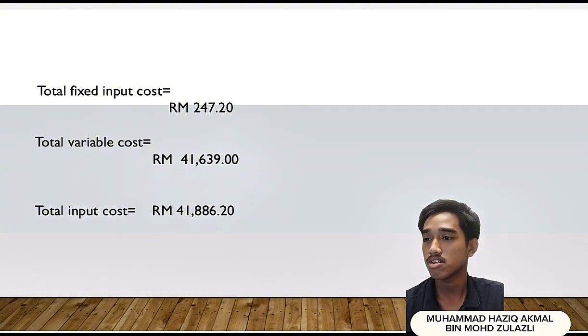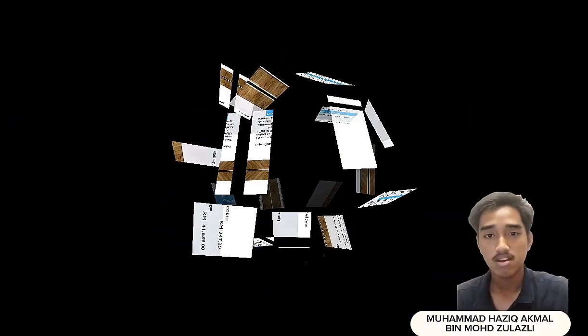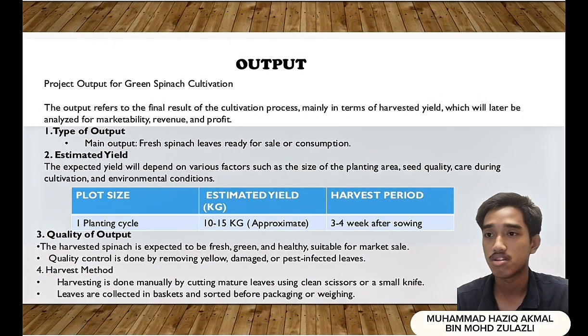And lastly, total input cost equals 41,886 ringgit 20 cents. Next, I will explain the output.